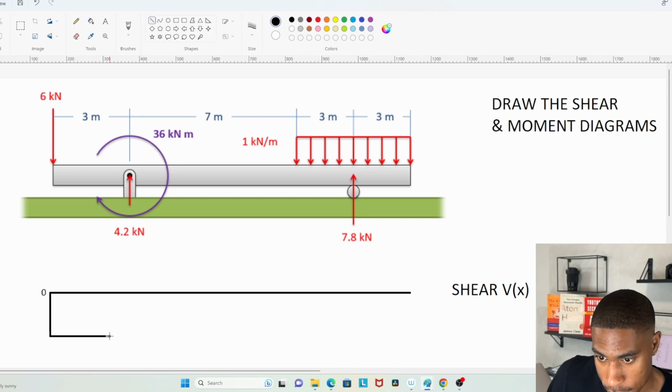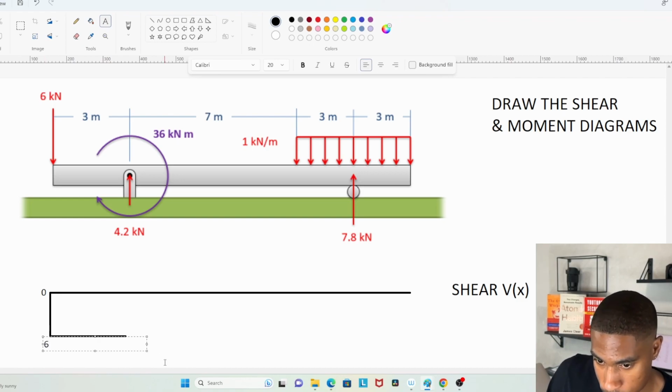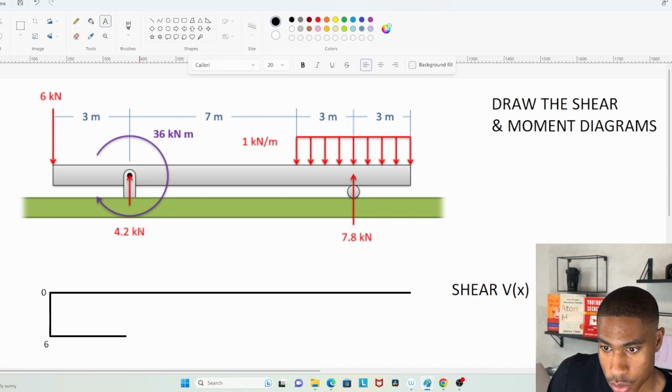That 6 kilonewtons stays that way until it gets to this pin, or I'm going to call it a fixed point just to keep things simple. So this is 6. Now it's coming up 4.2 kilonewtons.